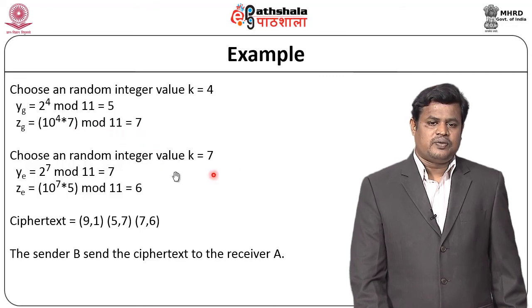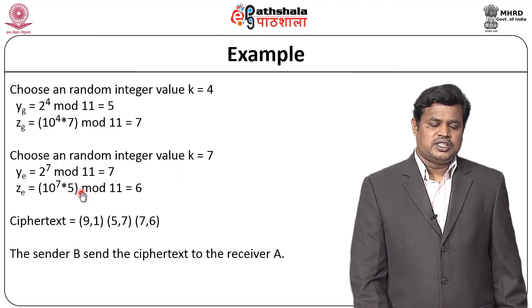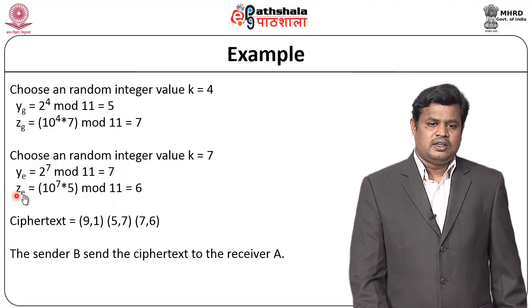Similarly, it is also done for the third letter, that is E, of HAGE. So here YE is equal to 2 power 7 mod 11, which is 7, and similarly ZE is 10 power 7 into 5 mod 11, which is equal to 6.